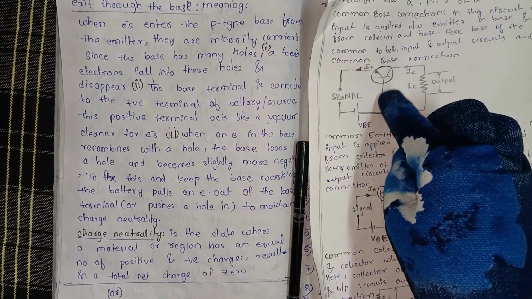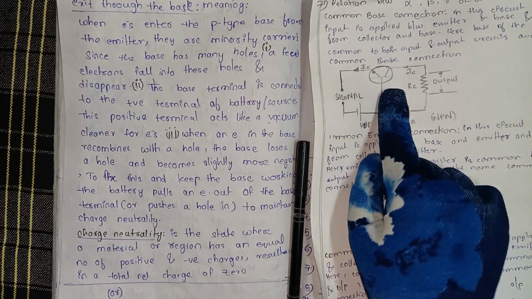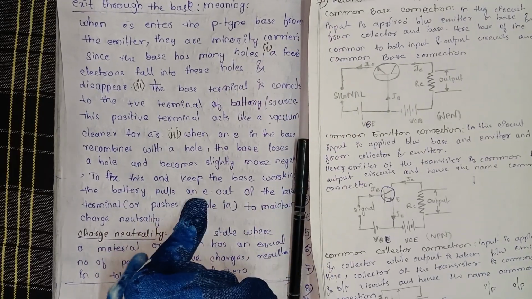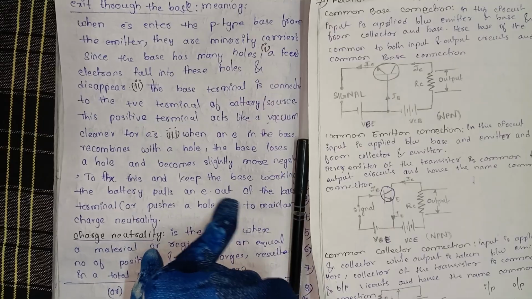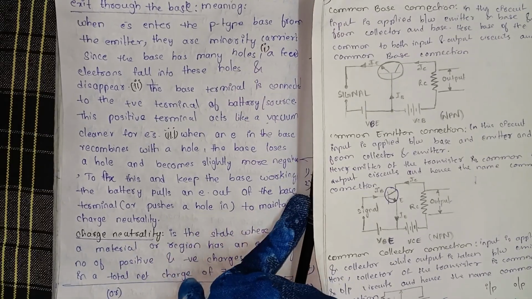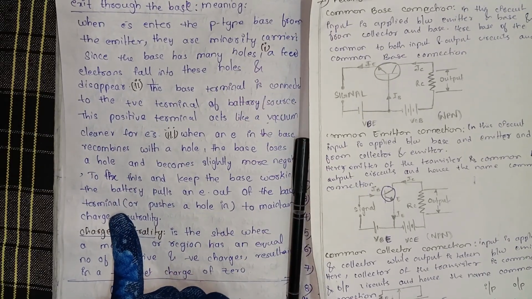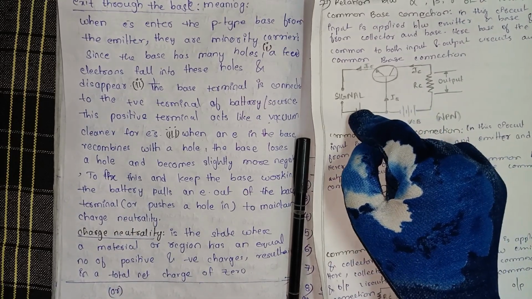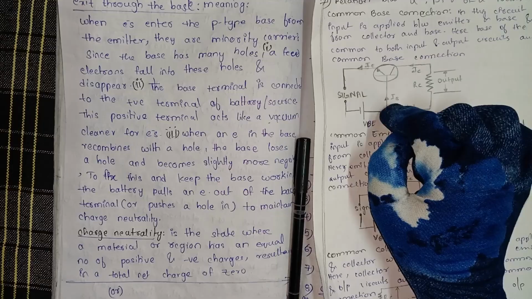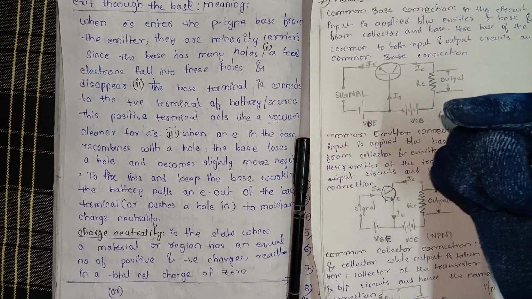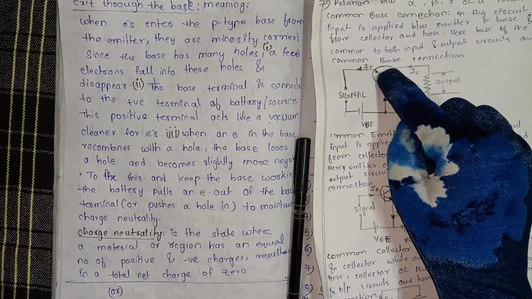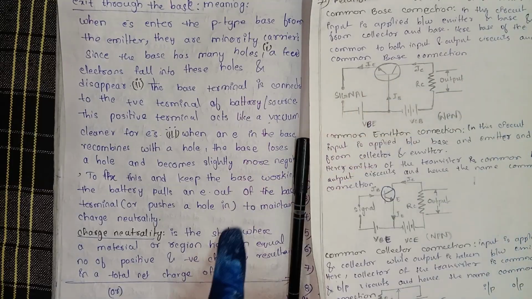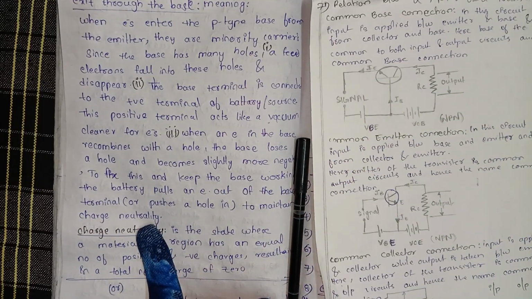To fix this and keep the base working, the battery pulls an electron out of the base terminal, or pushes a hole in the emitter, to maintain charge neutrality.